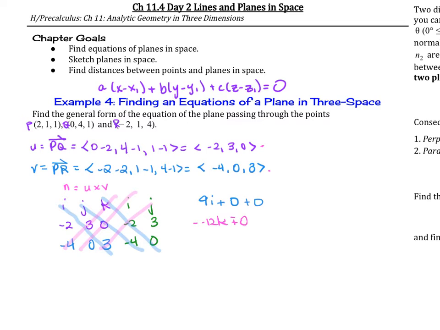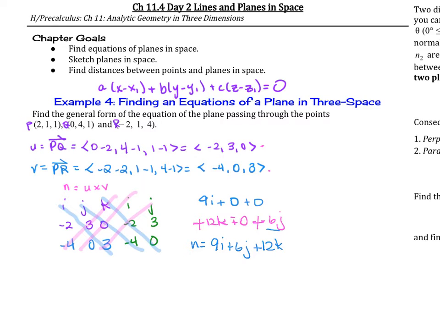And then 3 times negative 2 times j is a negative 6j. Now this minus minus becomes a plus. So we have 9i plus 6j plus 12k, and that is our normal vector.